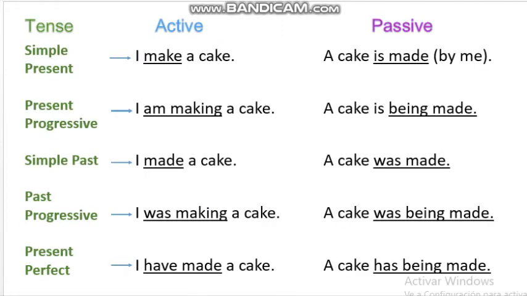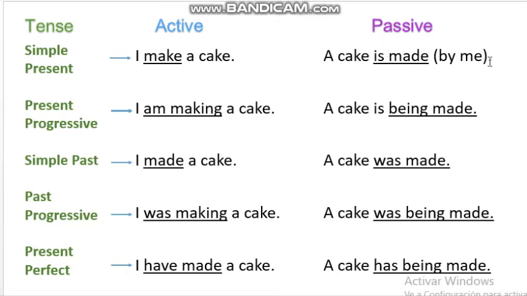Okay, now we are going to see how all the active sentences change to passive in the different grammar tenses. Okay, pay attention. We are going to talk about a simple present sentence. When I say, I make a cake, make is in simple present. So, what do we change in the passive? We have to say, a cake is made by me.